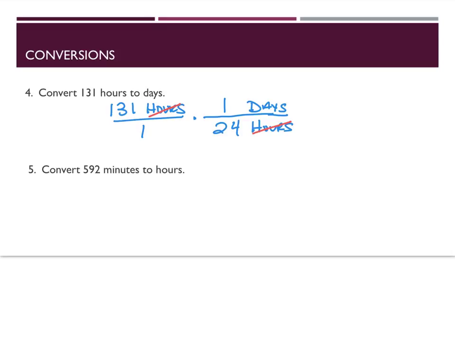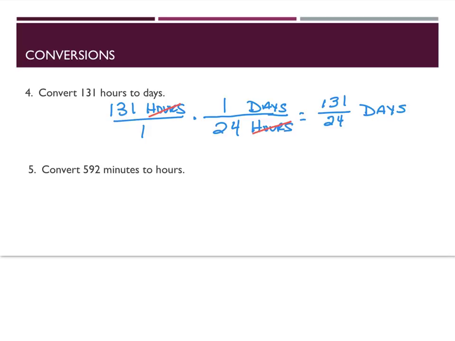Now I would like you to eventually be able to skip this step. But if I multiply straight across, 131 times 1 is 131. 1 times 24 is 24. And my unit is days.